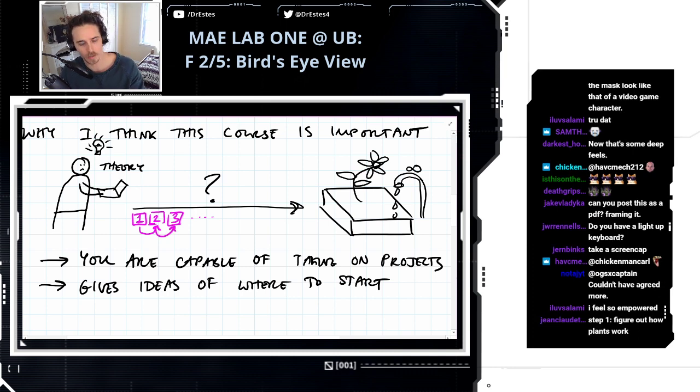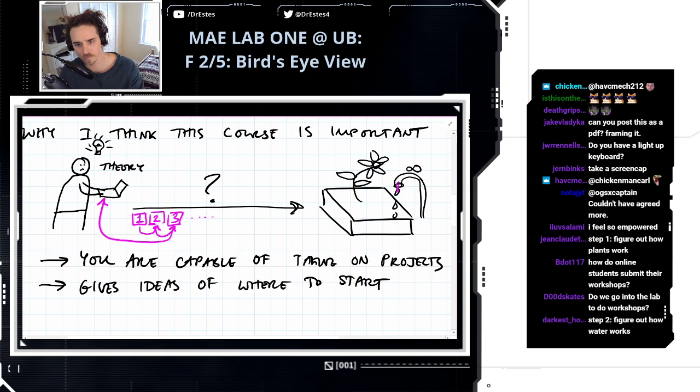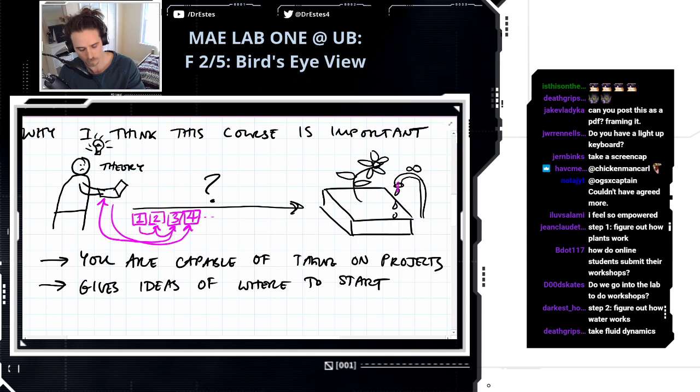Step 3, okay, I need to pump some water through here. Okay, how do I do that? Well, I got to go back, Google some stuff. Step 2, figure out how water works. Yes, exactly. How do plants interact with water, and what do they need to grow? And then you come back and you're like, well, I learned something, and that's step 4. And that's how these projects go.